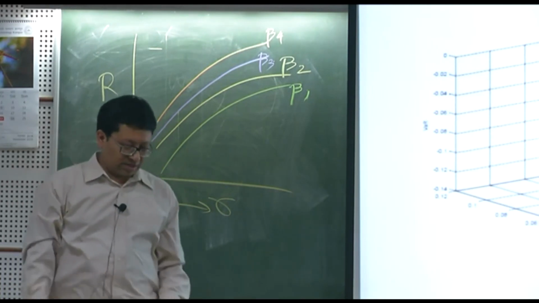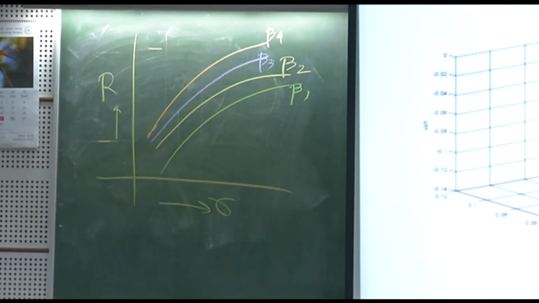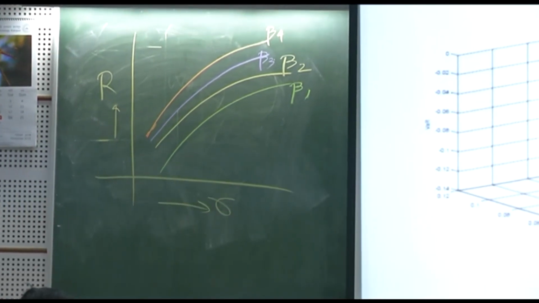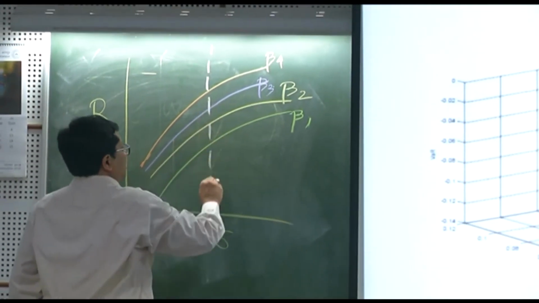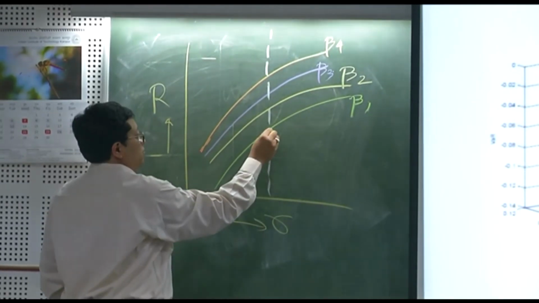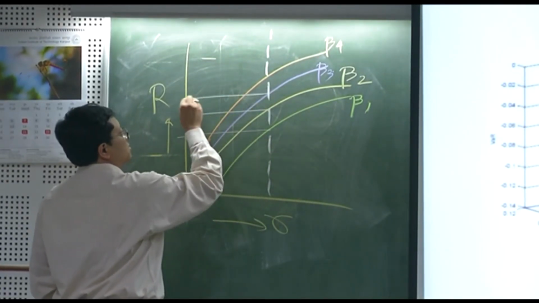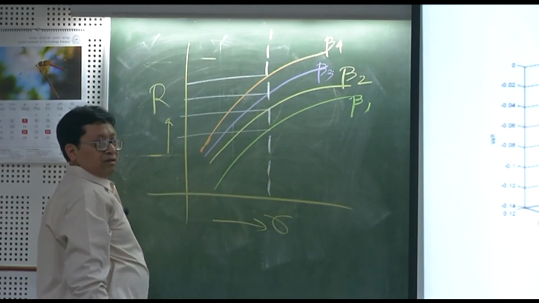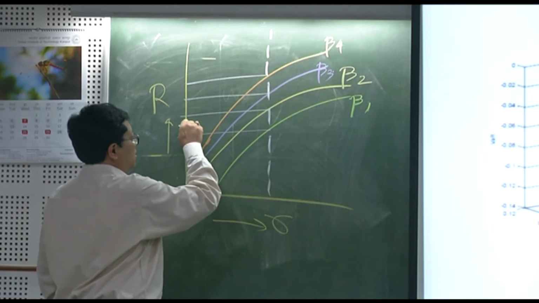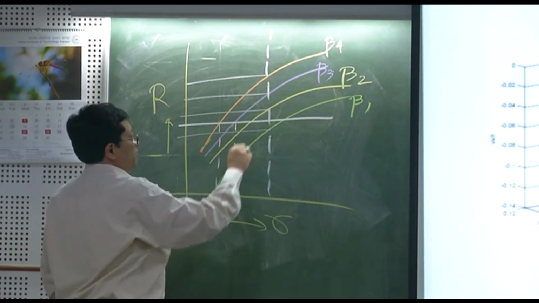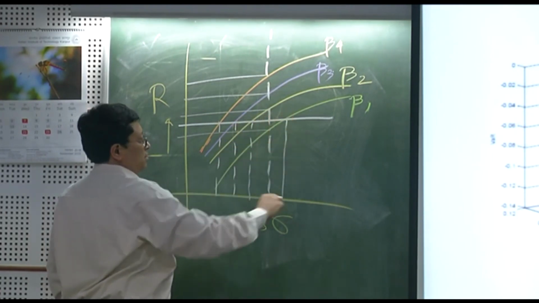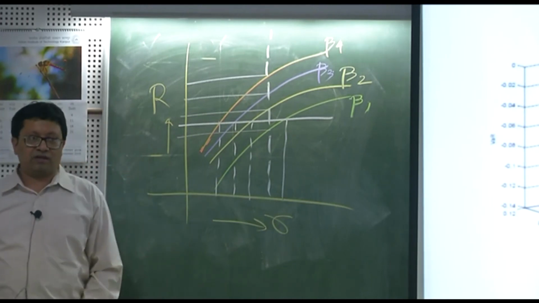What it actually means is this: if I have a person or a set of persons who have different values of beta depending on the risk-return profile, and you draw a vertical line for the same value of risk, the human being depending on the beta value will have different returns. If I draw a horizontal line, the human beings would have different risk depending on the beta values. So you can plot it accordingly.